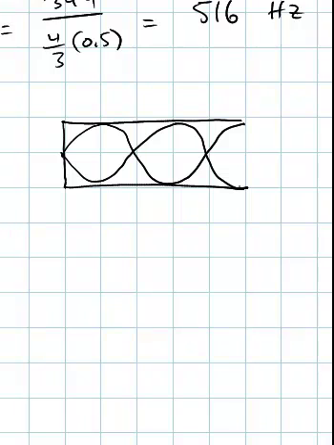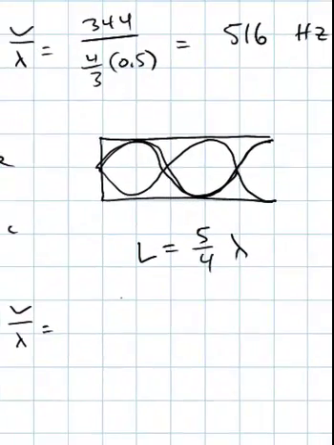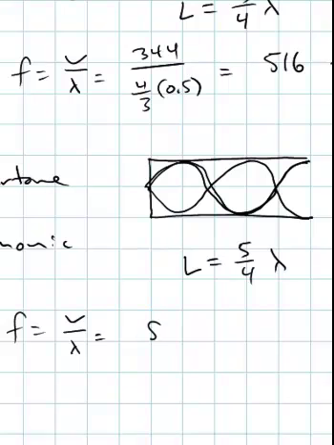And it looks something like this, where the length is 5/4. So we do one complete cycle, 1 1/4 wavelengths is the length of the pipe. And we plug in our numbers. I got 860 hertz for the frequency.